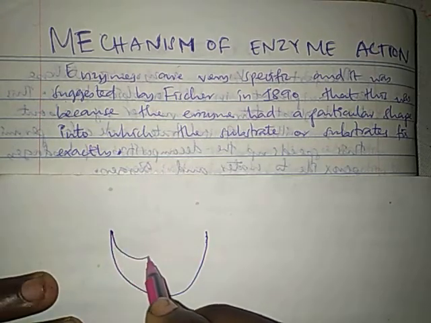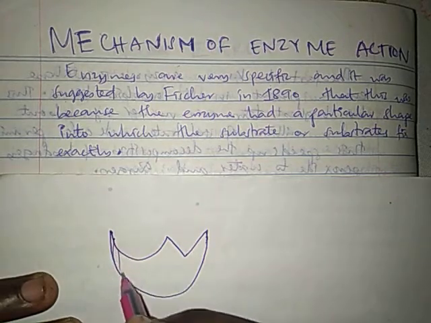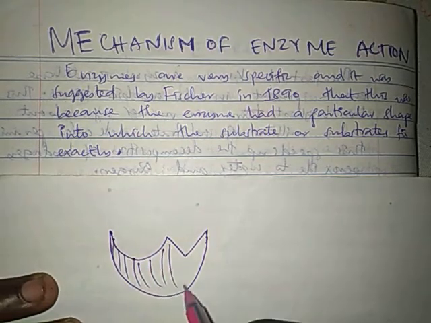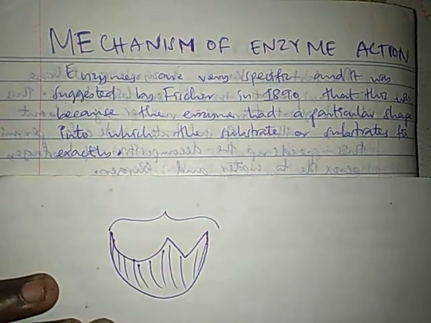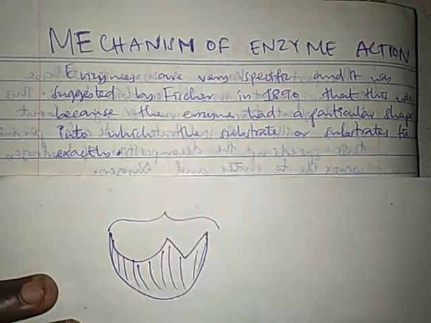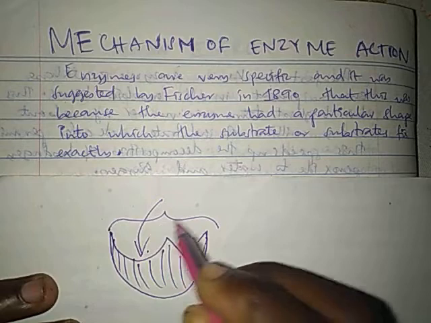Let's draw something here. And here is the globular shape of the enzyme. Now, here we have this site. And according to Fischer, this site is where the substrate comes to bind.